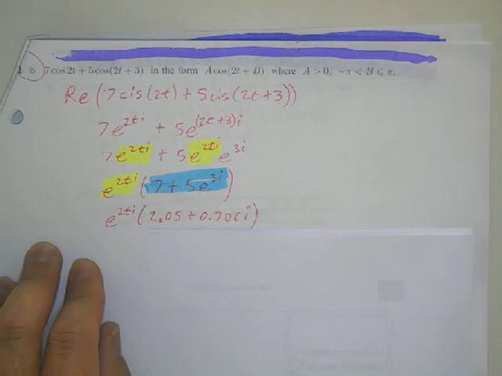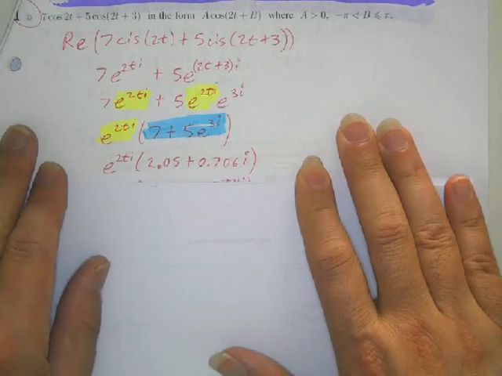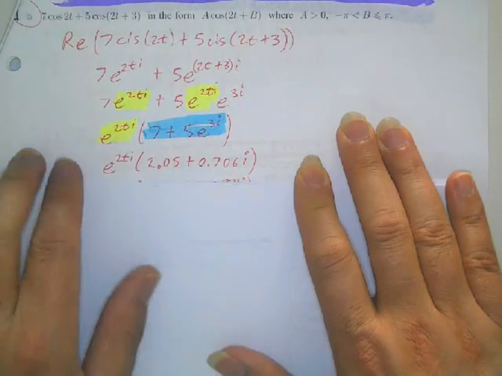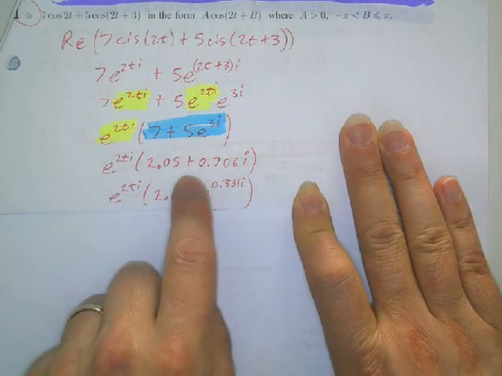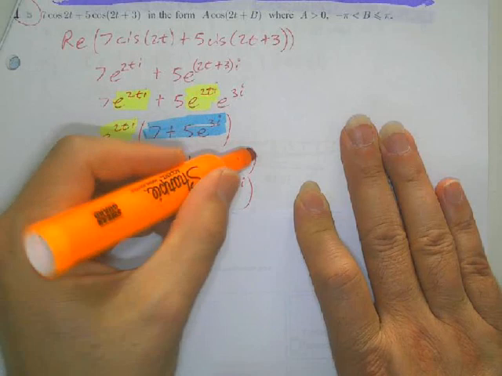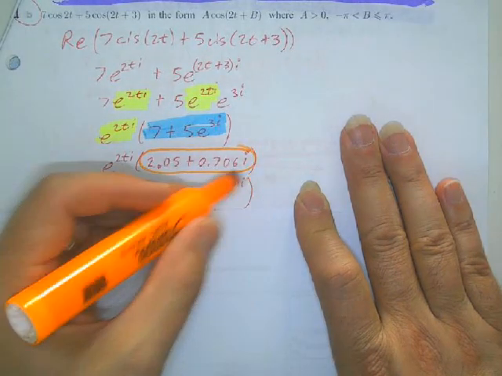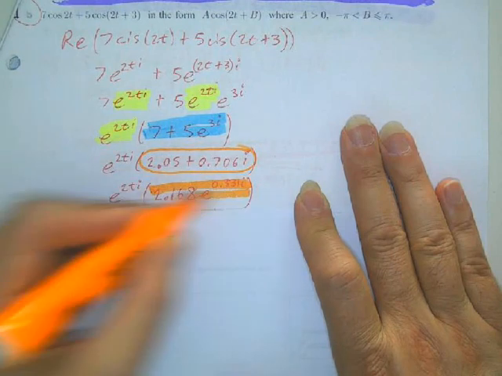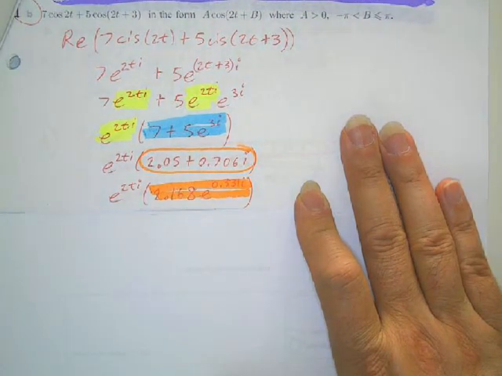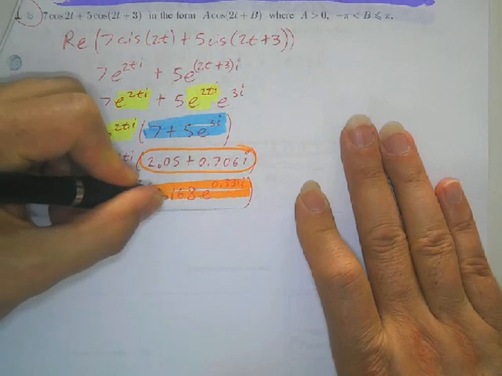And then I'm going to do the process to convert this to Euler form. This was 2.168.